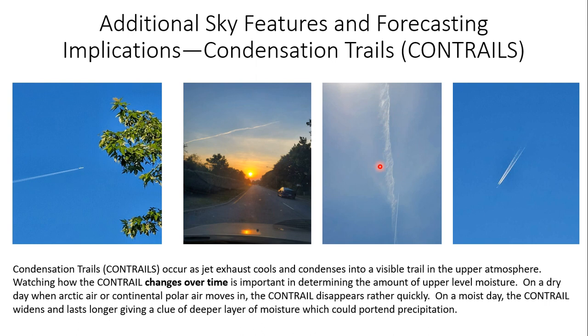And so it's really important to take a look at this. Is the upper atmosphere moistening up? Is it drying out? If it's dry, is it associated with a high pressure system building into the mid-Atlantic from the Midwest? There's a lot you can glean from just looking up at the sky and looking at these contrails.